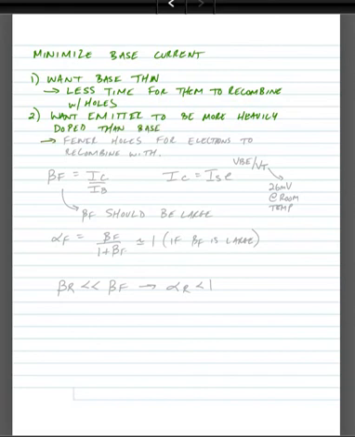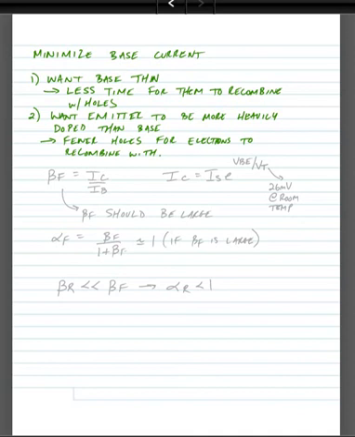And this makes sense also because this means that we'll have fewer holes for electrons to recombine with. All right. This being the case, we've tried to minimize the base current.